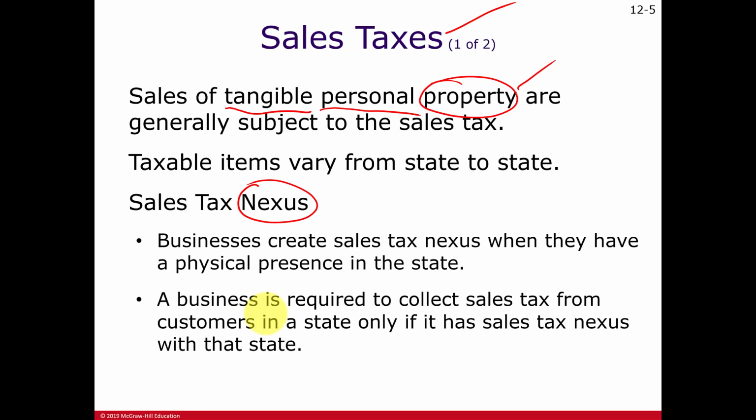A business is required to collect sales tax from customers in a state only if it has sales nexus. So if they don't have nexus, that doesn't mean the tax disappears. It just kind of forces the buyer to report a so-called use tax and pay it on their own.